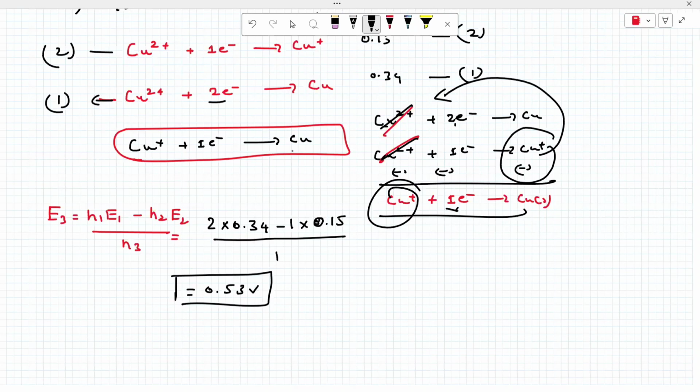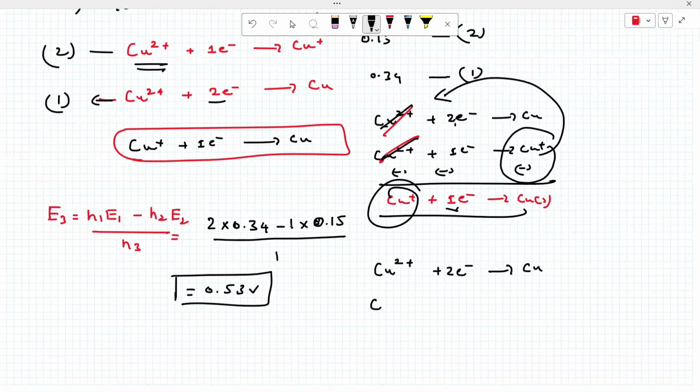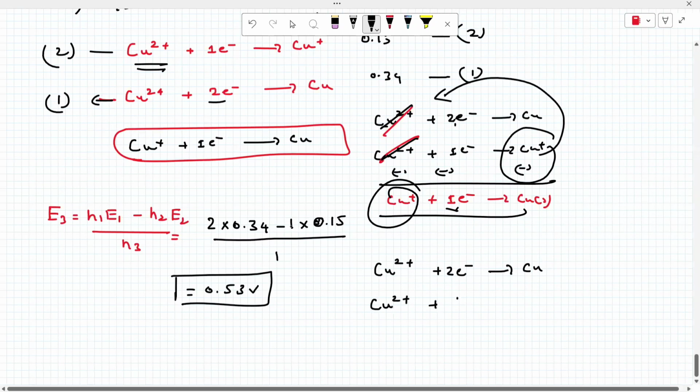If you want to cancel the Cu2+, we have to reverse the second reaction. Then only we can cancel out the Cu2+. See, listen. This is equation number 1: Cu2+ plus 2 electrons gives Cu. This is equation 2 I took: Cu2+ plus 1 electron gives Cu+.